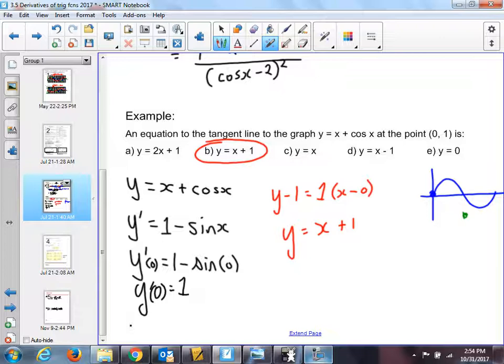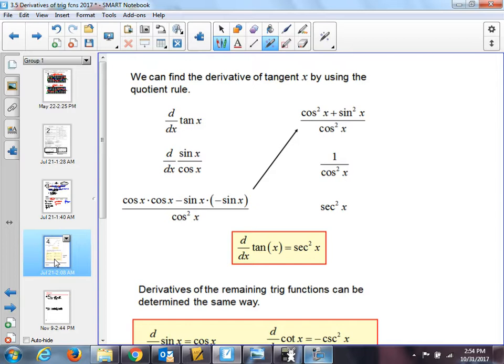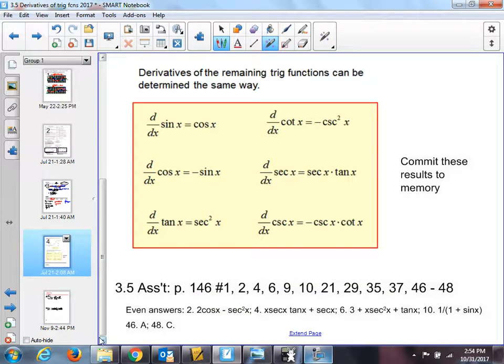Now, the example has some other stuff after that, but I'm not going to get into it right now. I'm thinking you guys could try some of these problems here for the next 15, 16 minutes. Which problems, you say? Oh, here it is, on page 146. Let's just see today what you could do with these.